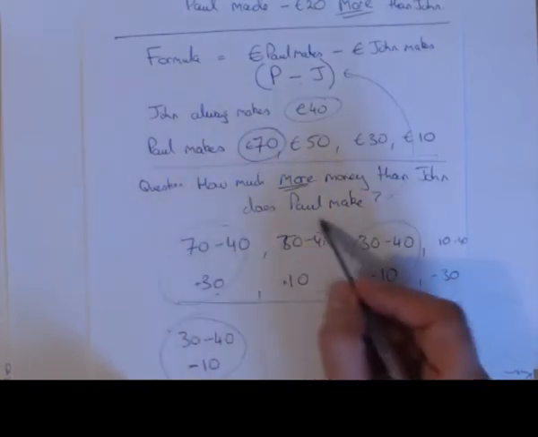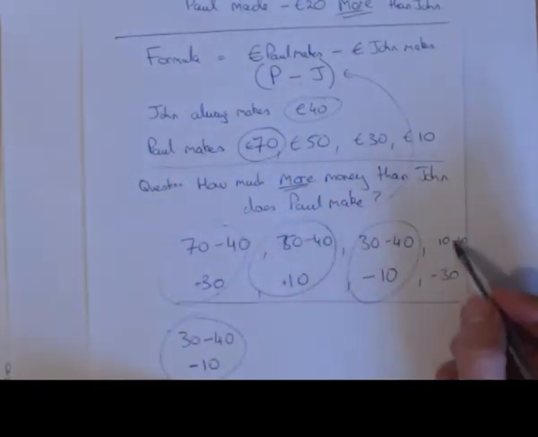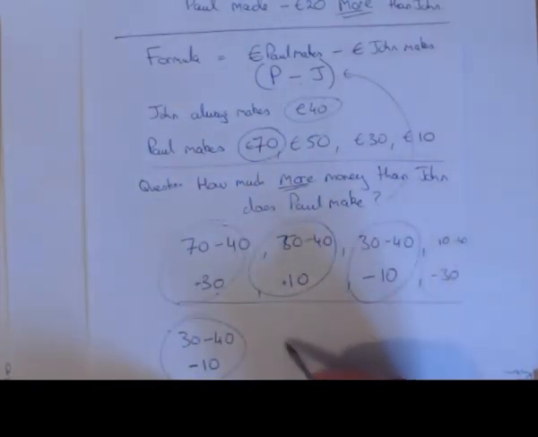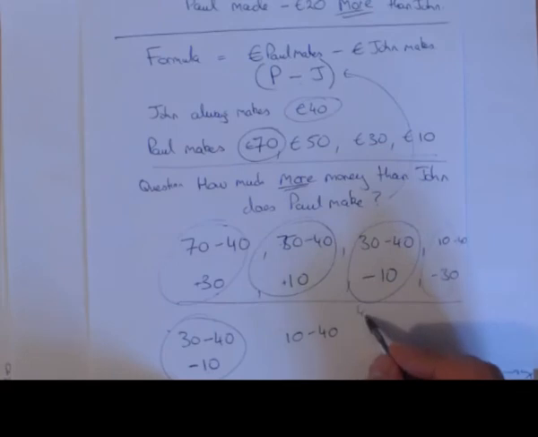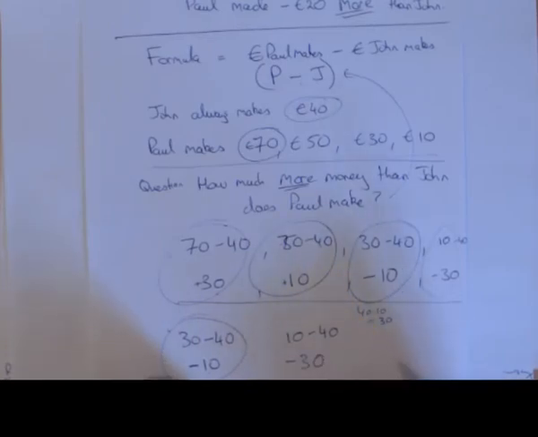These are ordinary questions. You know exactly how to do them already. These are a little bit different. You just have to notice that if you're taking away more than you already have, you get the same difference. 40 minus 10 is 30. So 30 is the difference between these two numbers, but we're just going to say negative 30 more than John instead of saying 30 euro less than John.